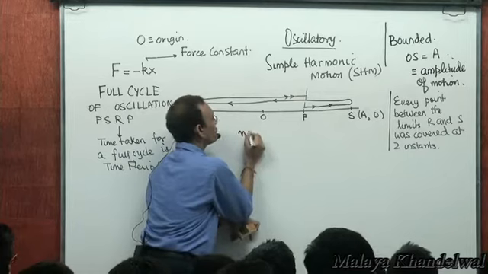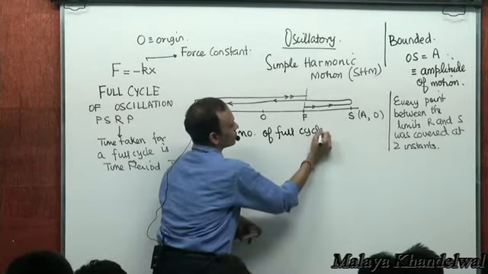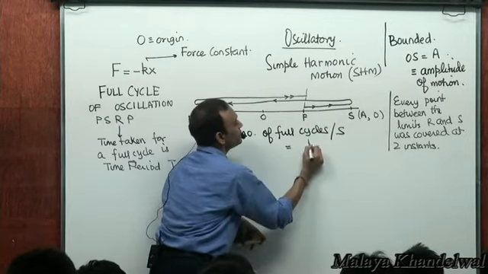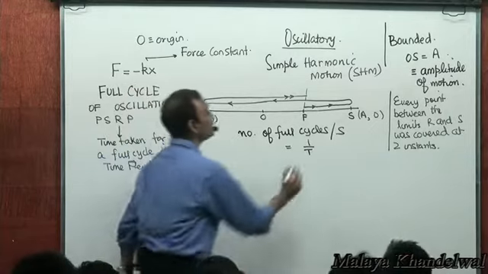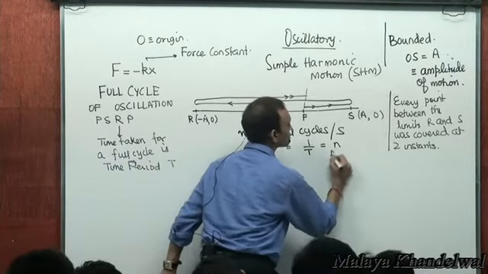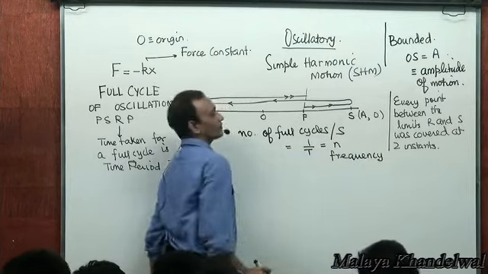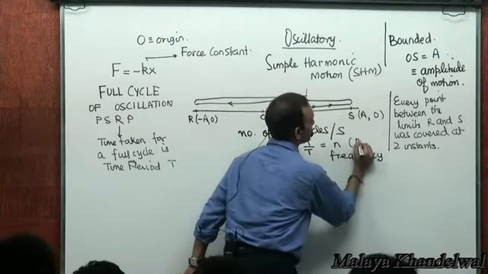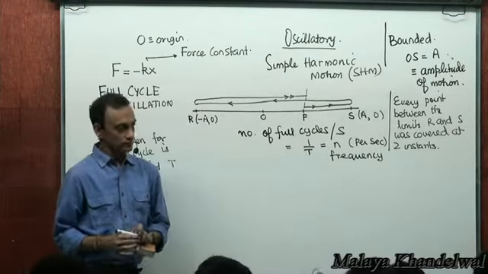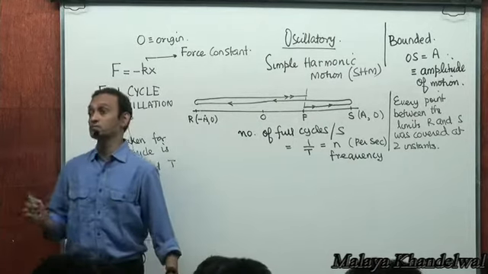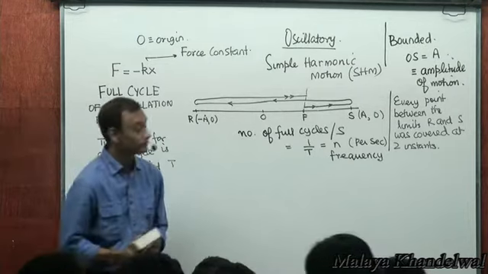So then the number of full cycles per second is going to be 1 by T, and is called the frequency N of oscillation. The unit is obviously per second or hertz. Number of cycles per second would be the frequency of this oscillator, N. Right?